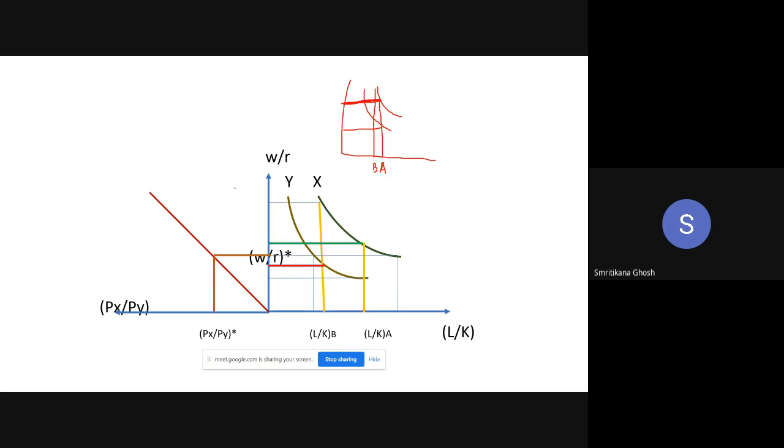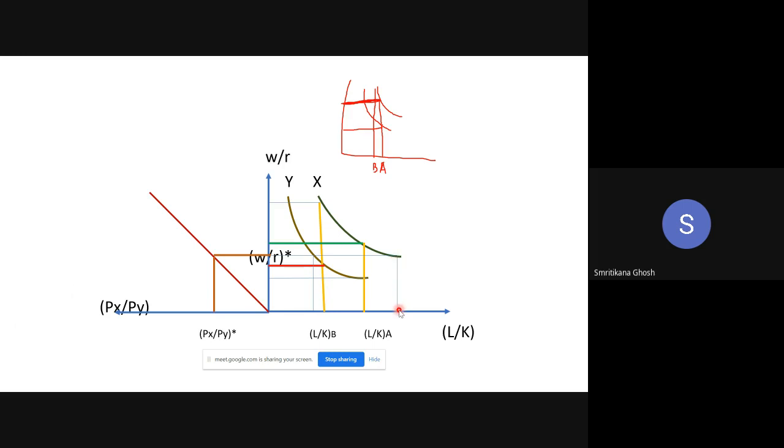Okay, ma'am. The total demand for L by K for commodity Y and for commodity X at W by R star. And look, they are two different sides of the availability of L by K of both the countries. One faded line is here, another faded line is here.